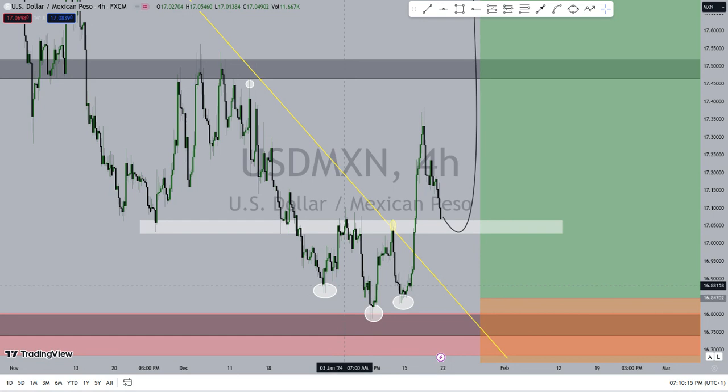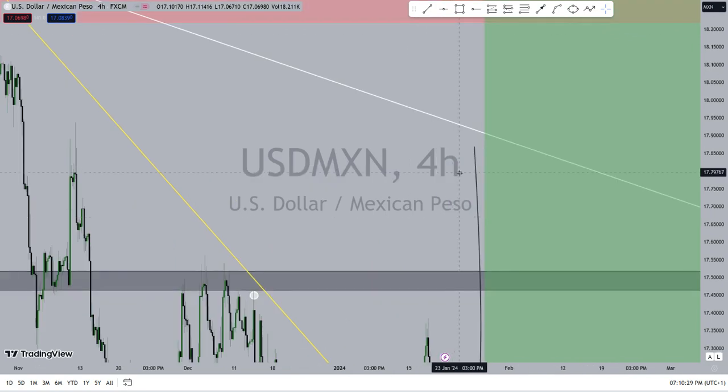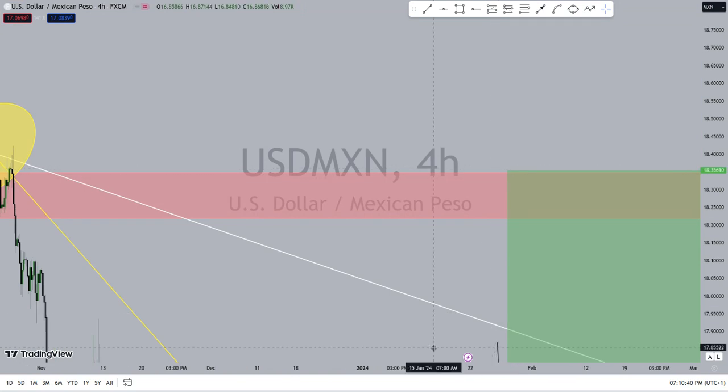Once we can see price come to retest this neckline, then we should be able to attain this height when we touch this major trend line at about 17.88169, or go up to this level.